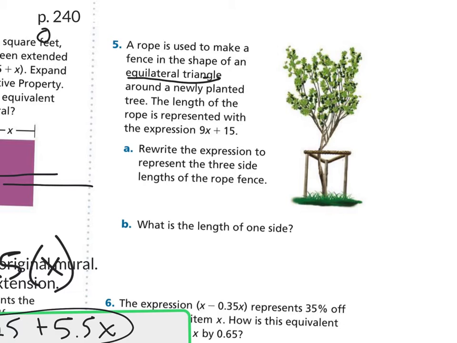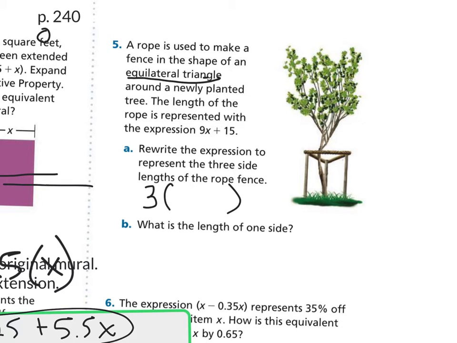They're all the same. So if all 3 sides are the same, I should be able to factor this as 3 times something. We should have 3 sides that are identical, so the length of the rope, which is like our perimeter here, should be able to be 3 times something. So this is like factoring.